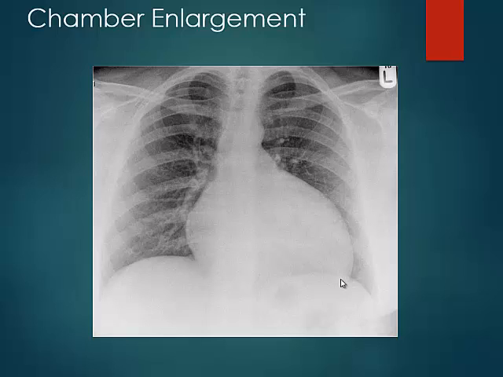That's enlargement of the right ventricle. When the right ventricle dilates, it rotates the heart backwards. The right ventricle, which is anterior, as it dilates, rotates the heart in a clockwise direction. And then it will form a bulge in the left cardiac border. So this is right ventricular enlargement.